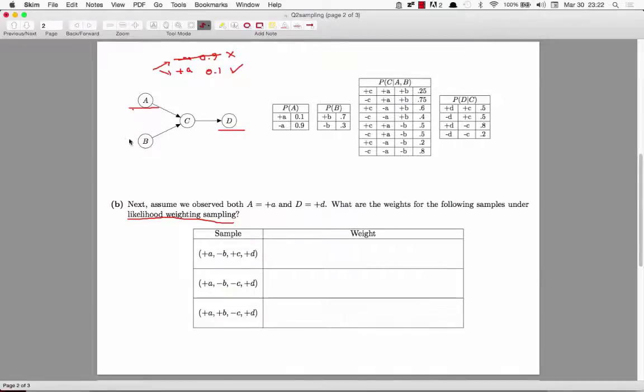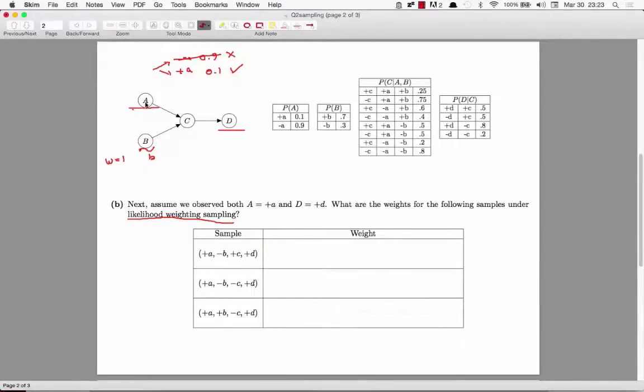So initially, say the sampling order was B, A, C, D. What we do is we start with a likelihood weight estimate of 1, and then we sample from B. So let this wiggle indicate that we sampled some value for this node B from the probability distribution P of B.